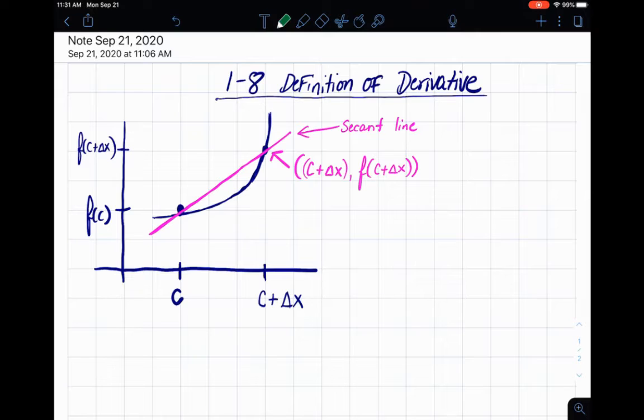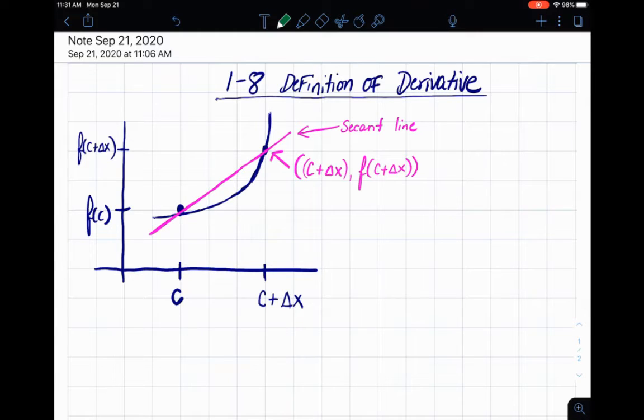Now, what do we remember about slope? I'm trying to calculate the slope of something. Rise over run, right? Okay. So if I'm thinking about rise over run, and I'm going to apply just those Algebra 1 definitions of slope to this, and I want to find the slope of that secant line, okay?